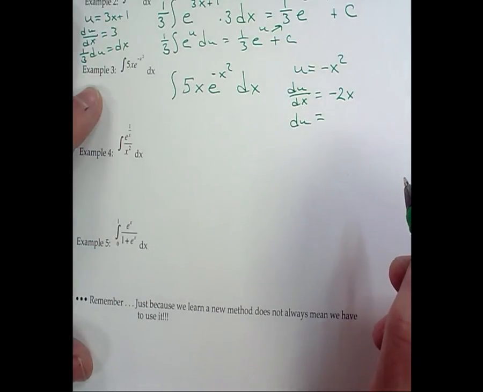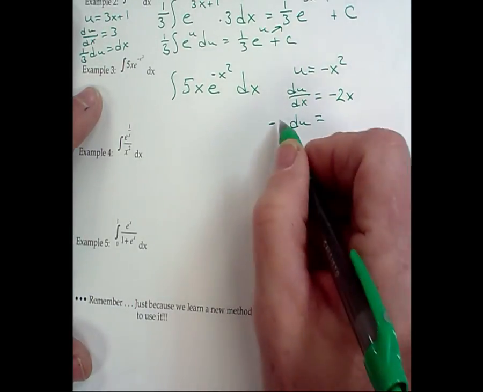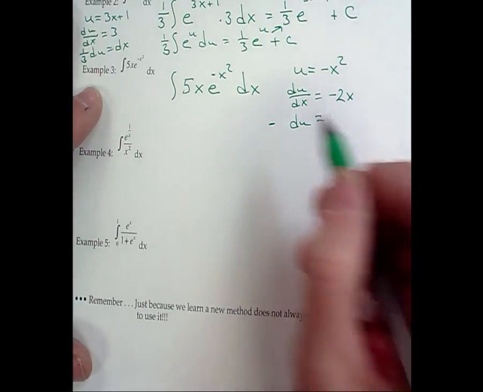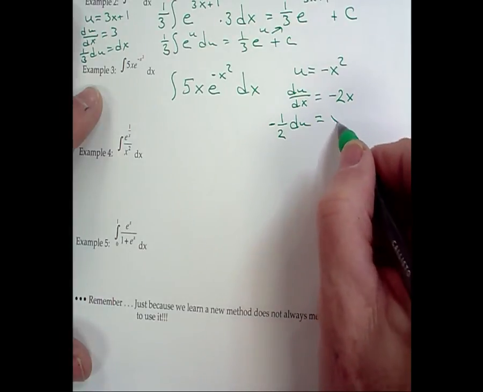You're doing very well, by the way. It'd be like negative. You want negative here, negative here. So like a negative 1/2, something like equals x dx.